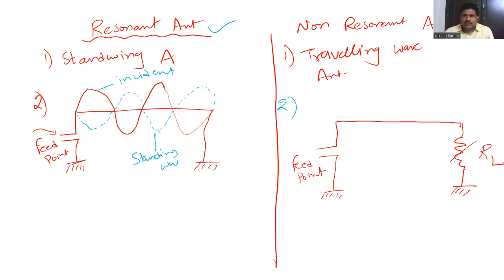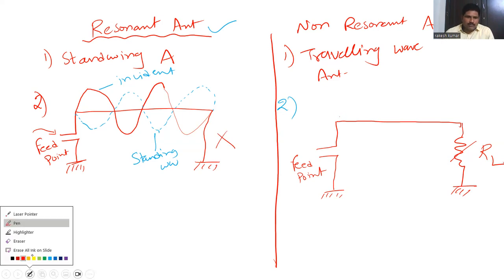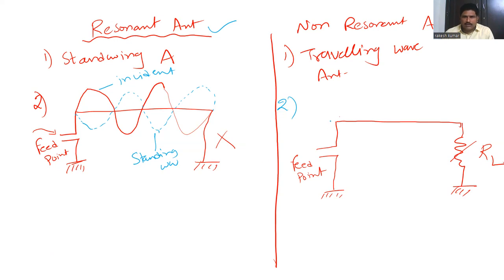Due to this, the characteristic impedance of the antenna, which is not available in the resonant antenna, is provided in the non-resonant antenna. Due to this, the mismatch is very, very less. So whatever signal you have transmitted simply travels without reflecting back.